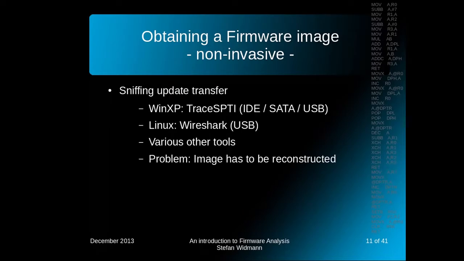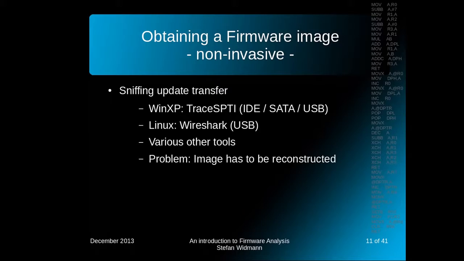It's a good idea to get a sniffer ready when you're first connecting your device to your PC, because maybe the favorite bloatware coming with the device wants to update it instantly. What can you do to sniff the transfers?